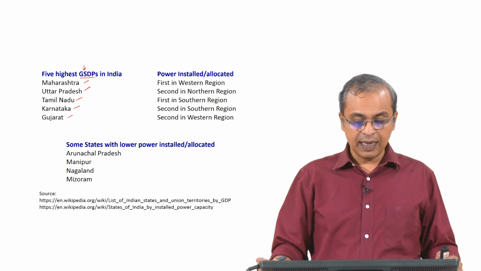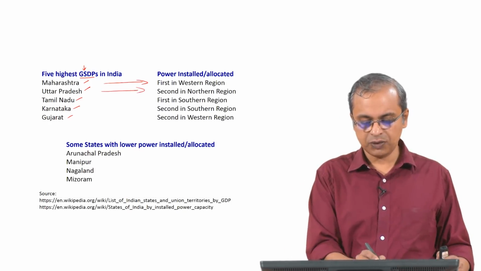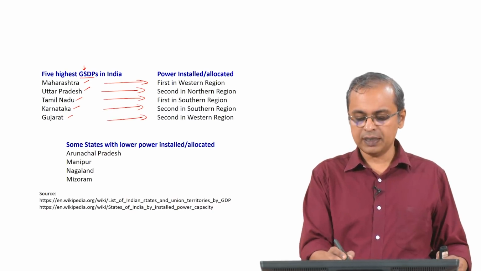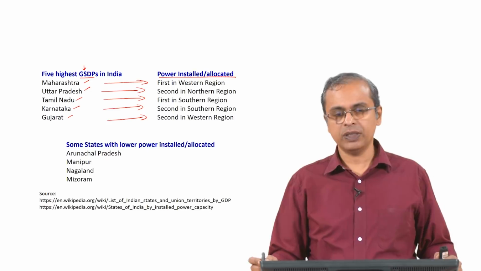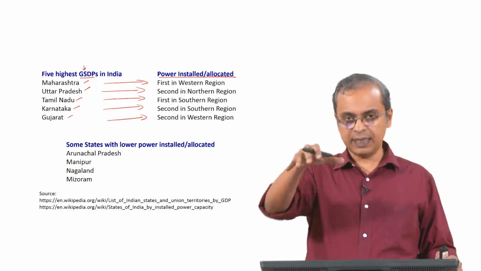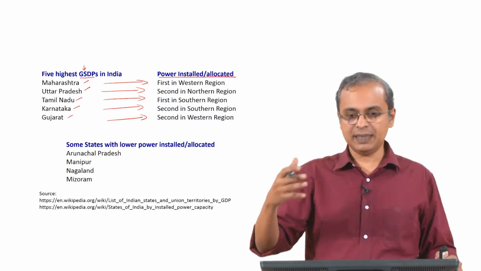These are the states which seem to have the higher levels of contribution to the GDP of the country. If you now look across here at the power associated with these states in terms of installed or allocated power. Okay, so, this is power capacity that has been installed in that state or allocated to the state because the state is using that power. And then you look at what it is relative to other states in that region.